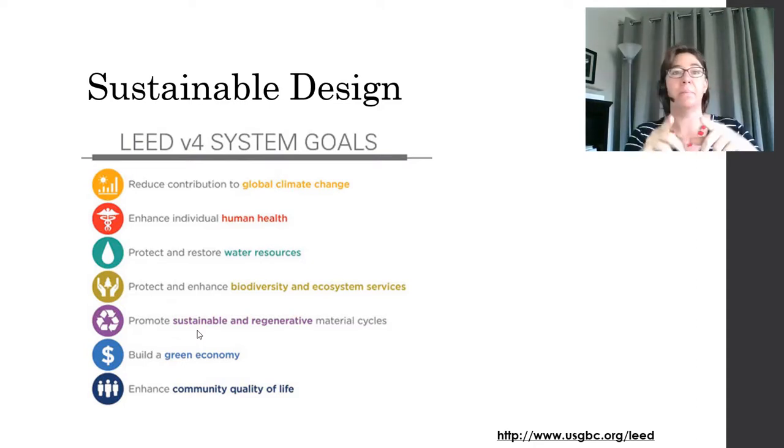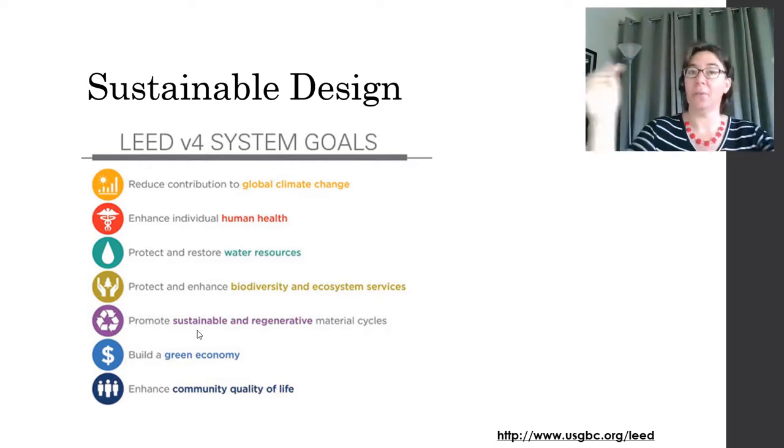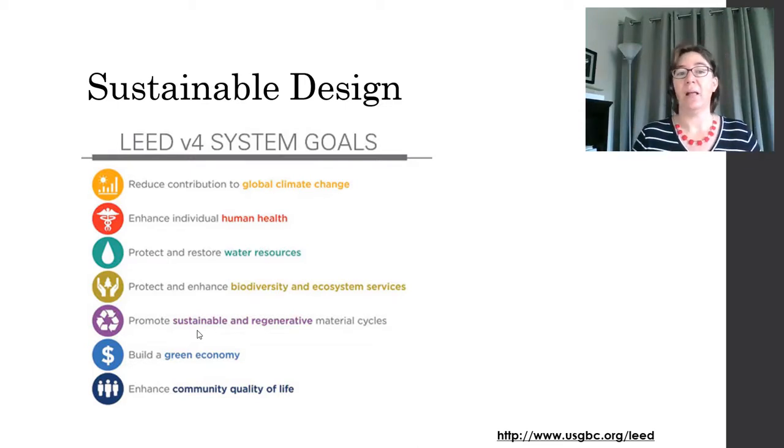And by the way, that one is directly tied to saving energy and using less energy, enhancing human health, protect and restore water resources, protect and enhance biodiversity and ecosystem, and promote sustainable materials, build a green economy, and enhance community quality of life.